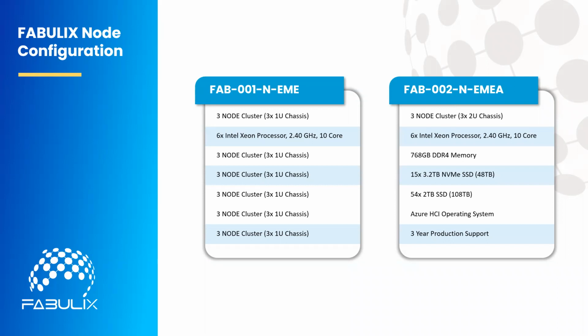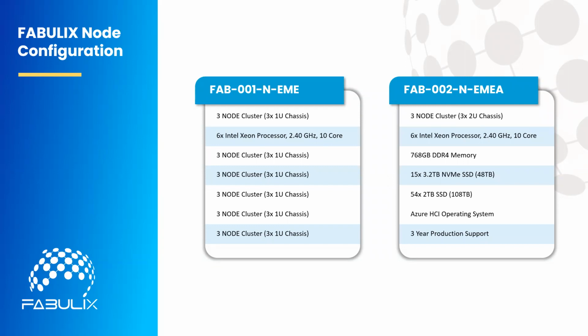The processor will be different, and the cache is a little different, but the compute and storage will be the same. Right now, in the 2U chassis, you can see 768 GB of RAM, which is distributed across the 3 nodes.